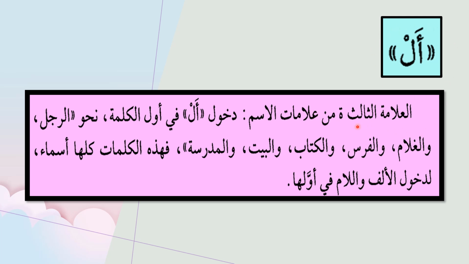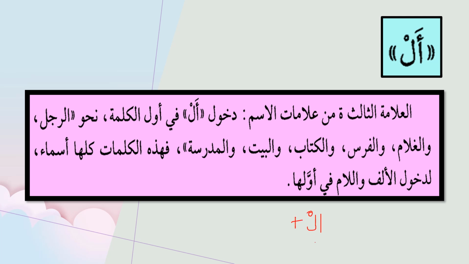Al-alama al-thalitha, this is the third sign, min alamat al-ism, from the signs of the nouns. Dukhul al-lam, the entering of the lam at-tarif fi awwal al-kalima. So this is important, that now lam at-tarif comes before the noun. It attaches itself to the noun before it. For example, if I write here, just to make the explanation clear, lam at-tarif comes before a noun.